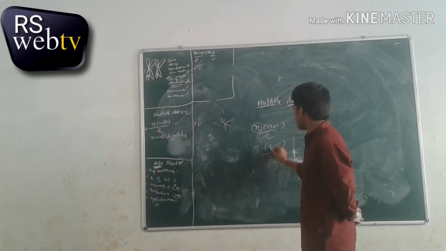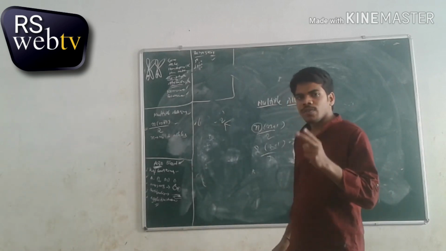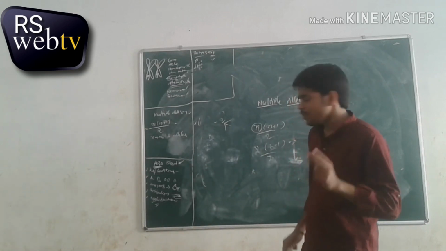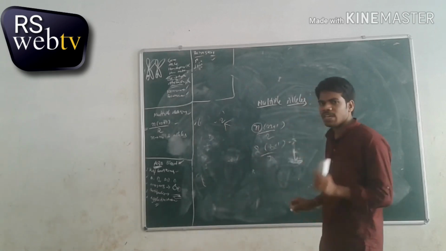The 2s cancel, leaving 2 plus 1, 3. So if two alleles are present for a gene, they can produce three types of genotypes.